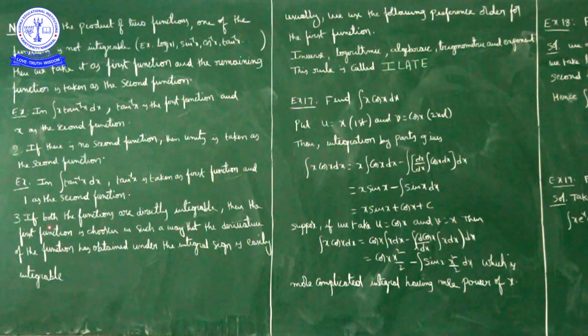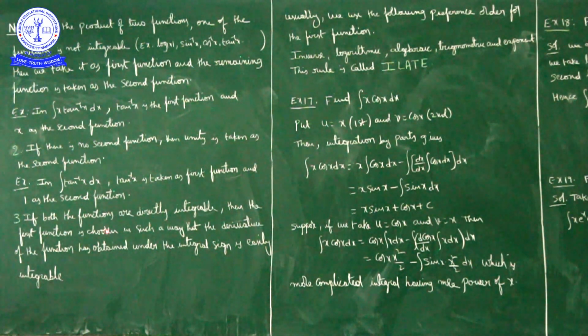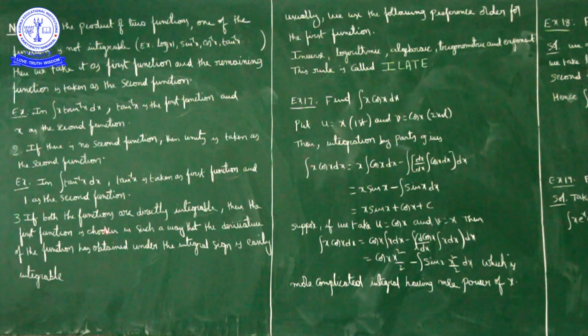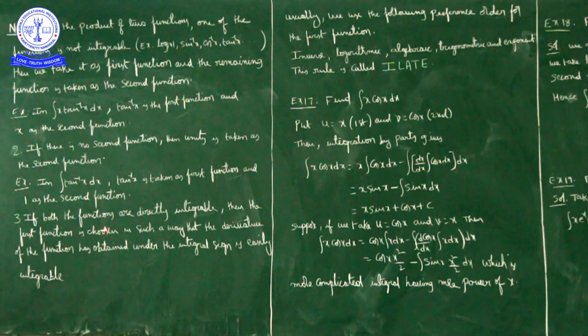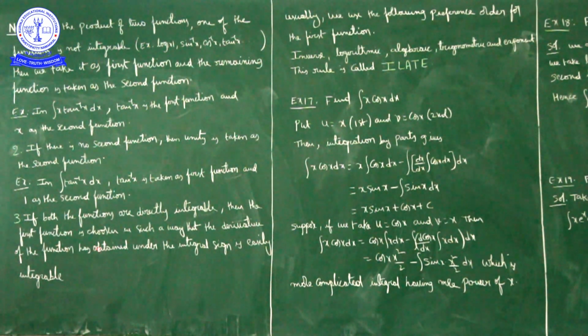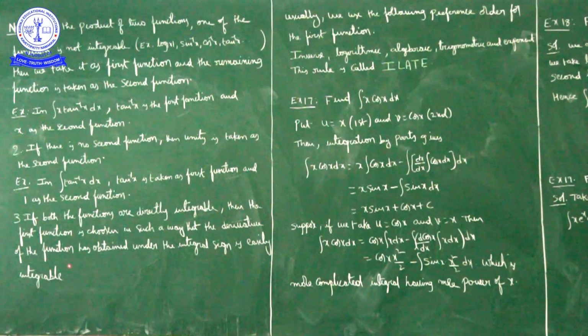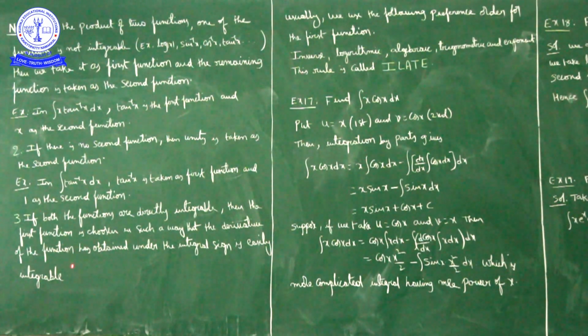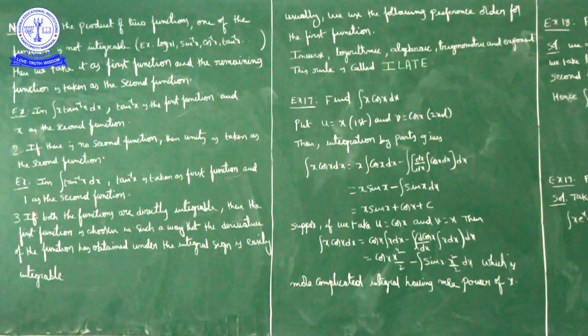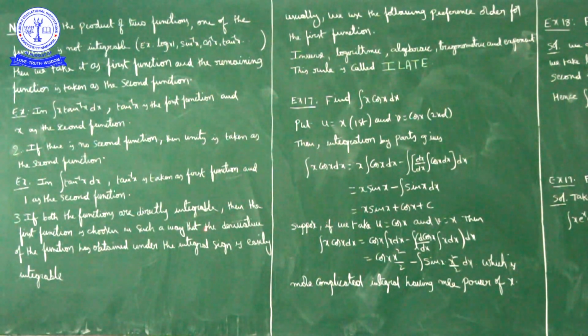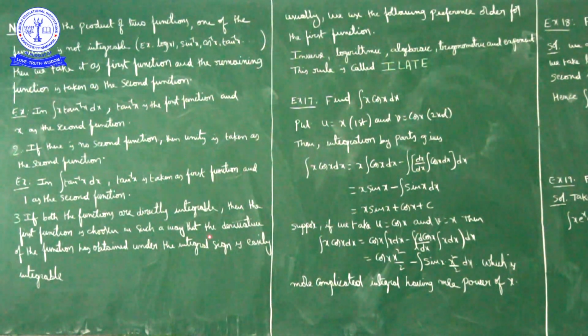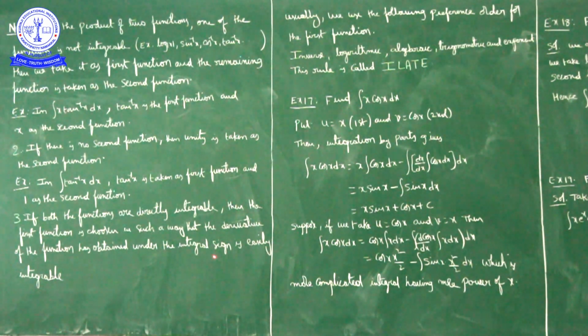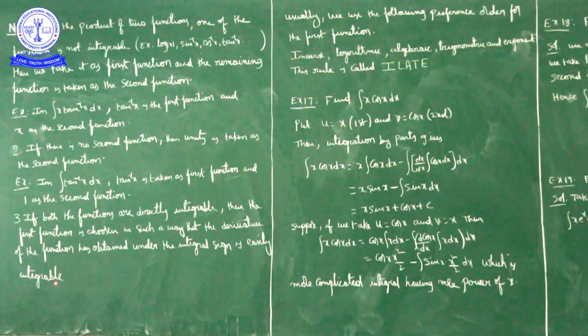Now the third point: if both the functions are directly integrable functions, then the first function is chosen in such a way that the derivative of the function, obtained under the integral sign, is easily integrable.